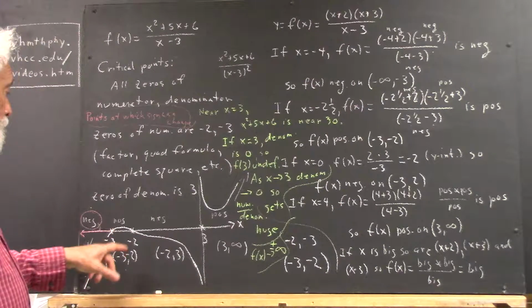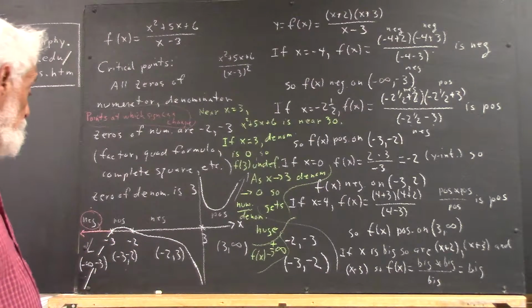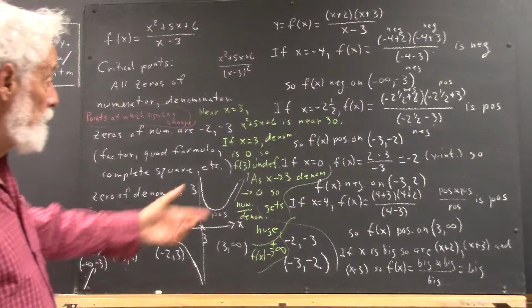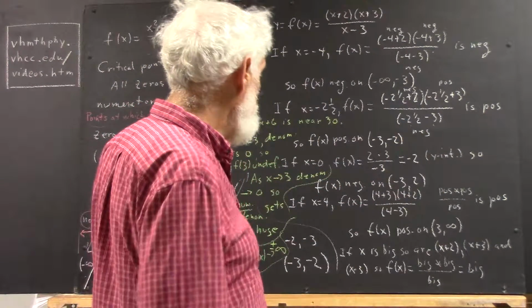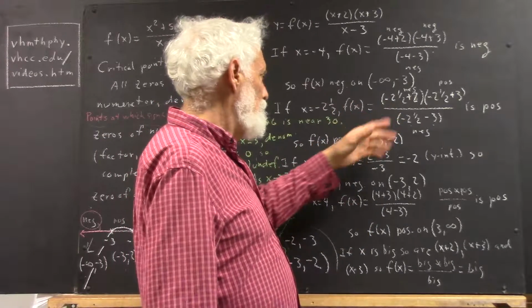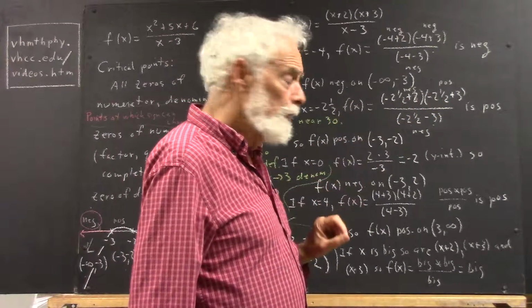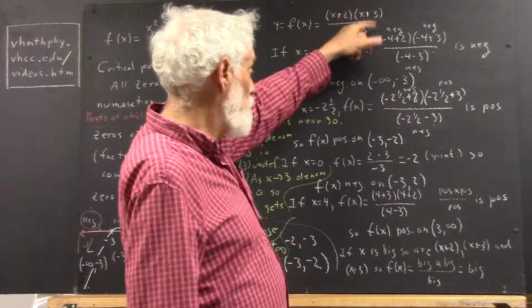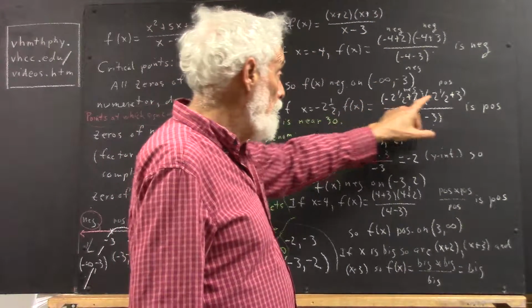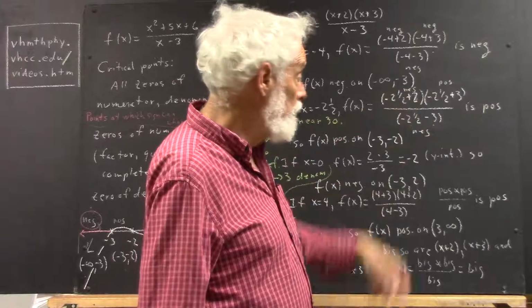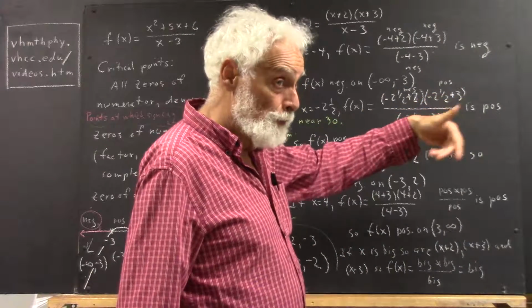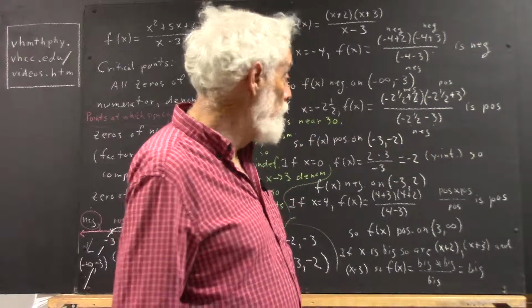Okay, well, then between negative 3 and negative 2, we use negative 2.5. Now we don't have to do all the arithmetic. All we have to know is whether each factor is positive or negative. So we put negative 2.5 into this expression. Negative 2.5 plus 2 is negative. Negative 2.5 plus 3 is positive, since 3 is bigger than 2.5.